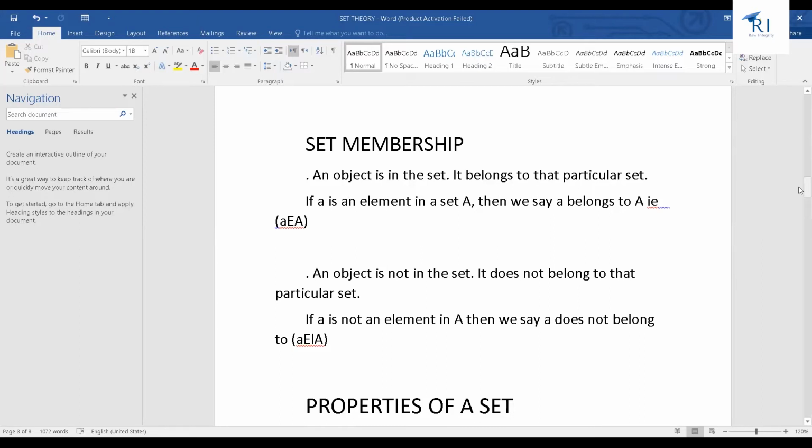Here I wrote it as E because I can't find that symbol, but the symbol is very similar to E. I can show you the actual symbol here. Let me use it.